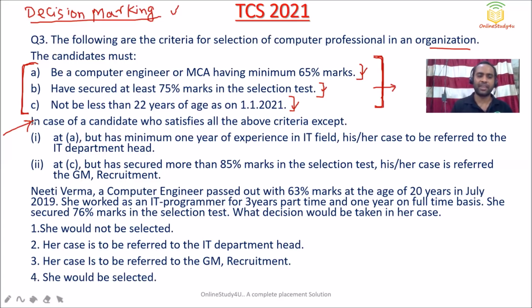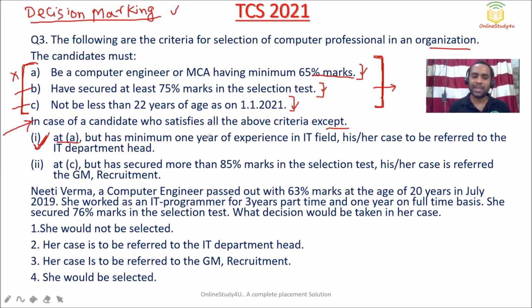Okay, now let us see. In case of a candidate who satisfies all the above criteria except the first one, so friends, suppose somebody fulfills both B and C criteria but does not fulfill criteria A, which is to be a computer engineer or MCA having 65% of the marks.